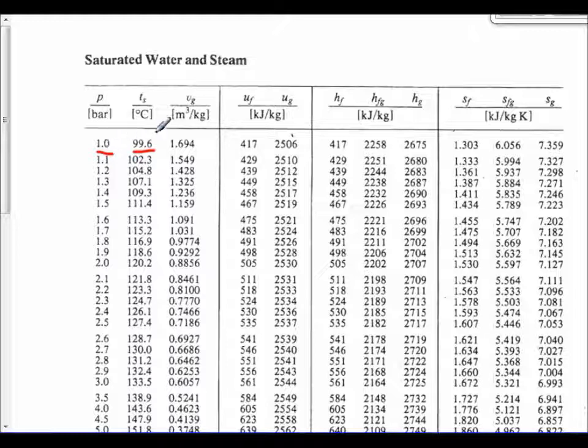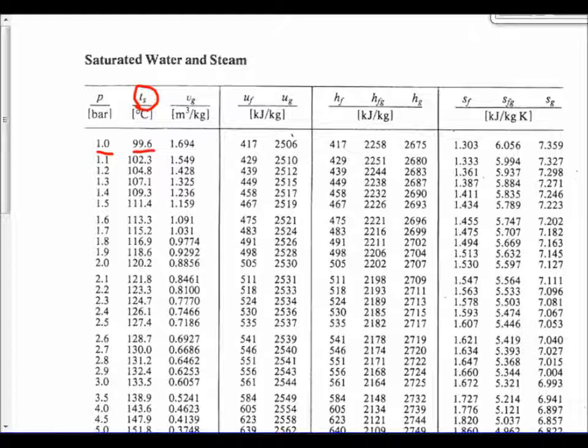Now you'll see from this entry here, the saturation temperature at 1 bar is 99.6. So if the temperature has been raised at 1 bar to 150 degrees Celsius, then the steam is superheated. In other words, it's gone above its saturation temperature at its particular pressure. And the degree of superheat is the difference between our 150 and our 99.6.